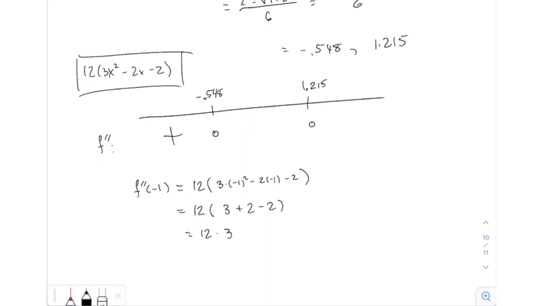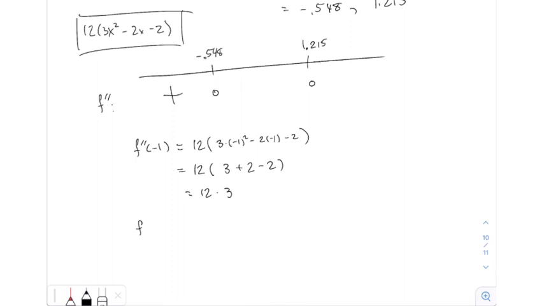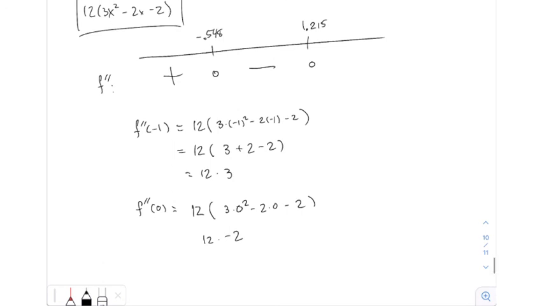Okay, in the middle region, I'm going to choose 0, right? That's my favorite number to plug in all situations. Again, plug into the formula in the box. 12 times 3 times 0 squared minus 2 times 0 minus 2. This is 12 times -2, which is negative. Right? And then on the right side, I suppose we should use 2. It's bigger than 1.215.